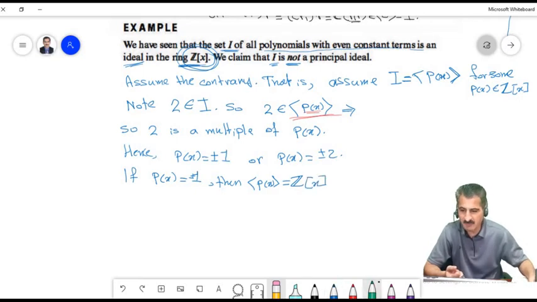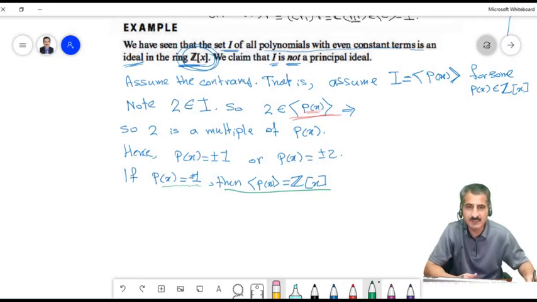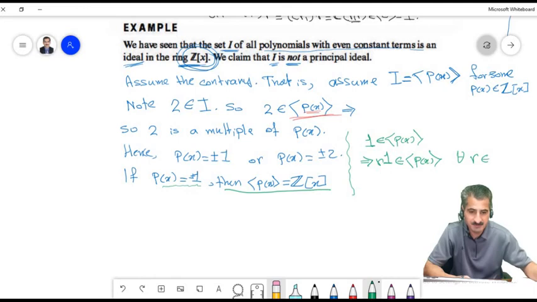I will say why in green. If p(x) is 1, then that ideal contains the whole ring. Why? Because it is an ideal, and 1 belongs to it, since it is a multiple of itself. That means r times 1 belongs there for every r in the ring.